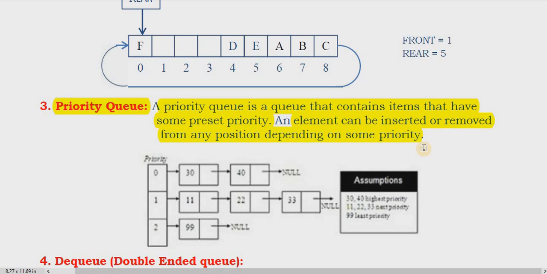But in a priority queue, we can add or remove data from any end or any node. It is not necessary to add or remove data at the ends. In a priority queue, data can be added in between any nodes.